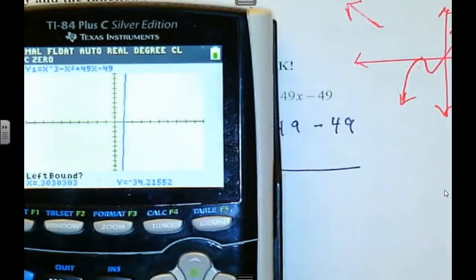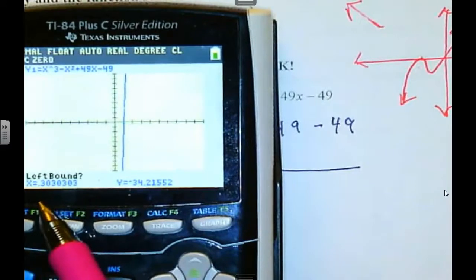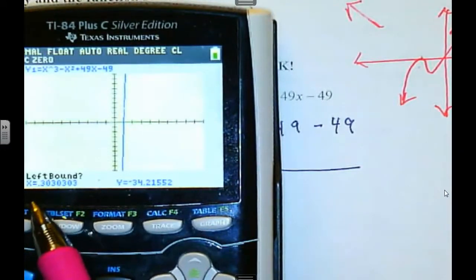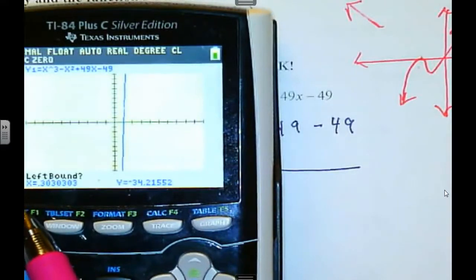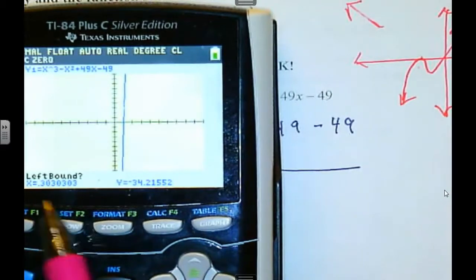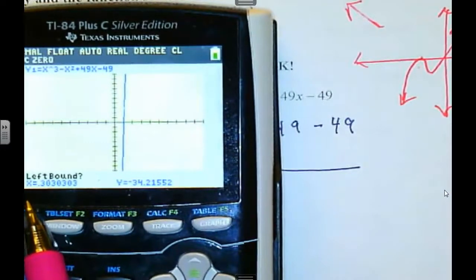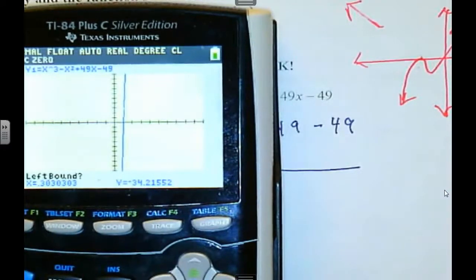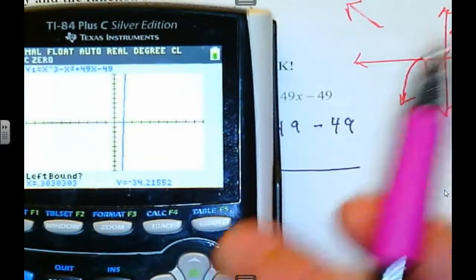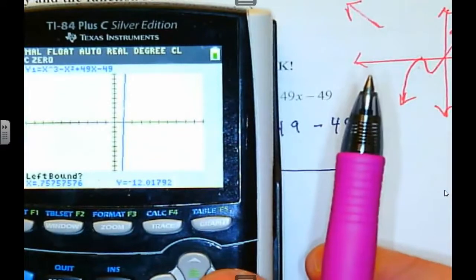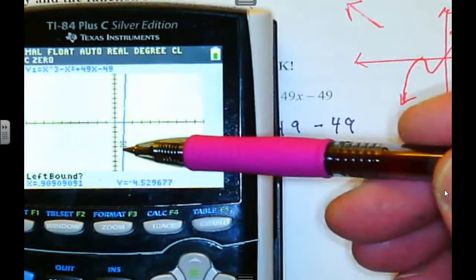What is your x? What does your x value say right there? Okay, get that back to 0.9. So you're going to use your left arrow key and watch your number. Get it to about 0.9. 0.8, do you see your little cursor now? Okay, so at 0.8, you should see your cursor.